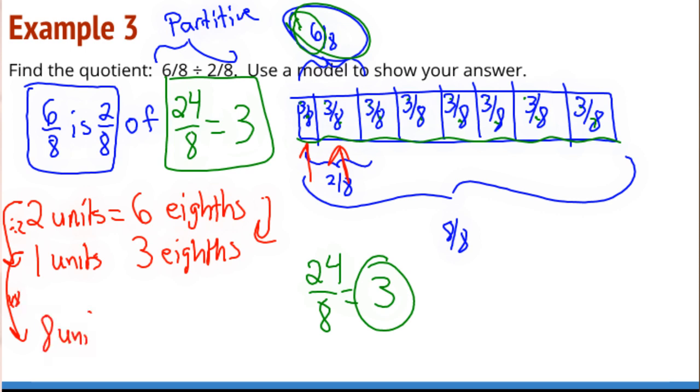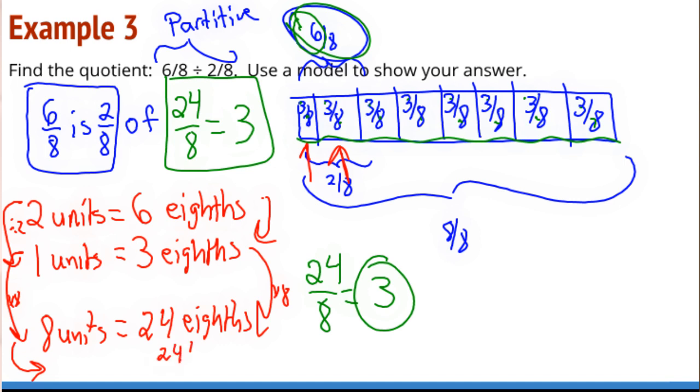So 8 units is equal to 3 times 8, which would give me 24/8. And 24/8 is equal to 3.